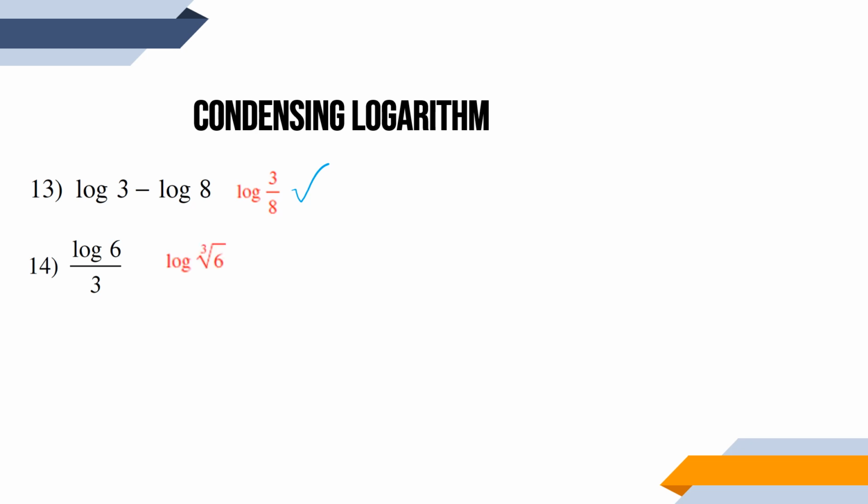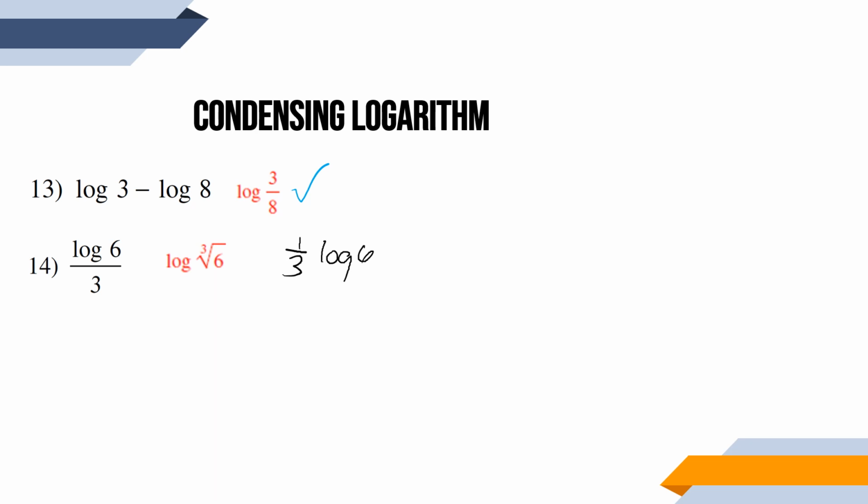I'll present first the answer so that I'll know where to write. So log of 6 over 3 is just equal to 1 third log of 6, right? So we have 1 third log of 6.